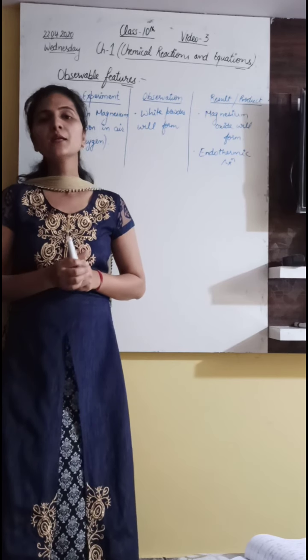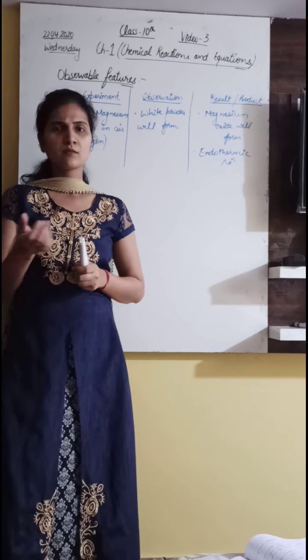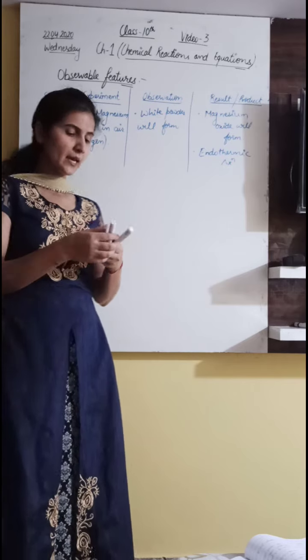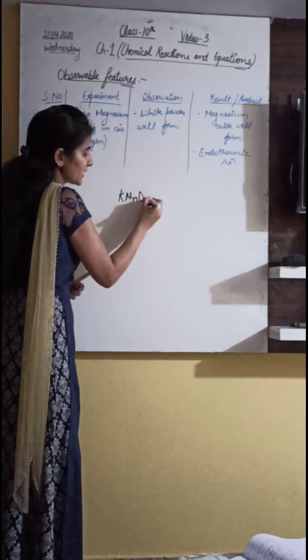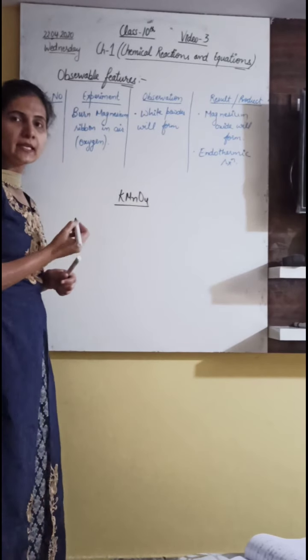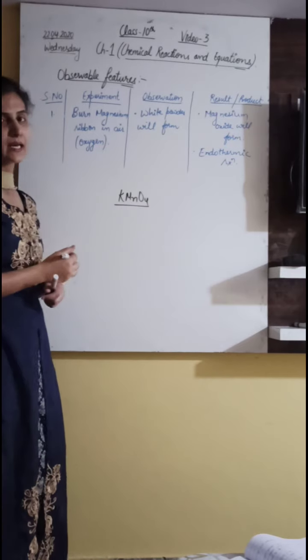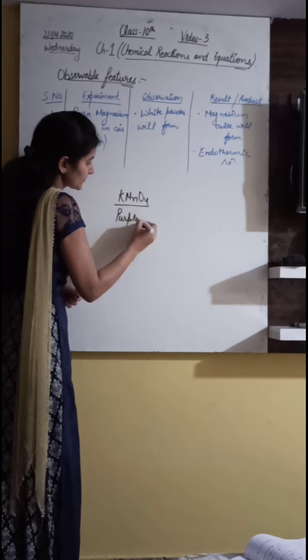Lime juice we all know very well, and potassium permanganate, KMnO4, is present in our laboratory. Potassium permanganate is purple pink in color. I will show you when we go to our laboratory.